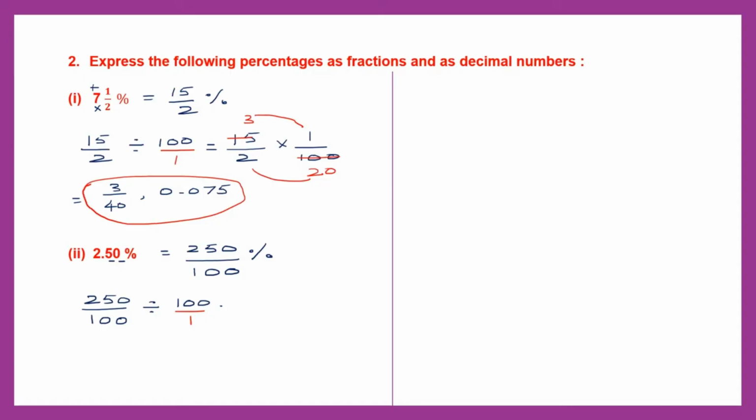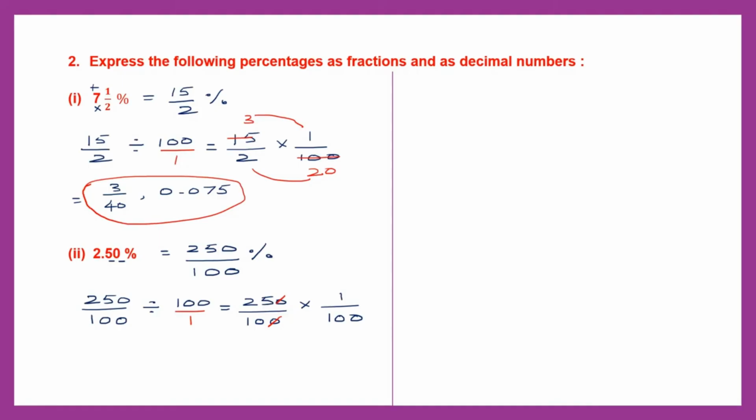Now let's work this out as division of fractions. So the first fraction remains the same, 250 by 100. Division changes to multiplication. Now I write the reciprocal of 100 by 1. It becomes 1 by 100. Now we're going to cancel. I'll cancel 1 0 there and 1 0 here.